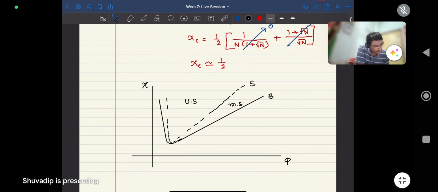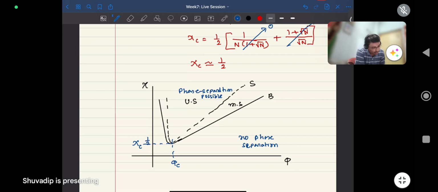Phase separation is possible here, and there is no phase separation here. This particular point will be phi c, and the associated chi will be chi c. Chi c is half and phi c is 1 by 1 plus root n.